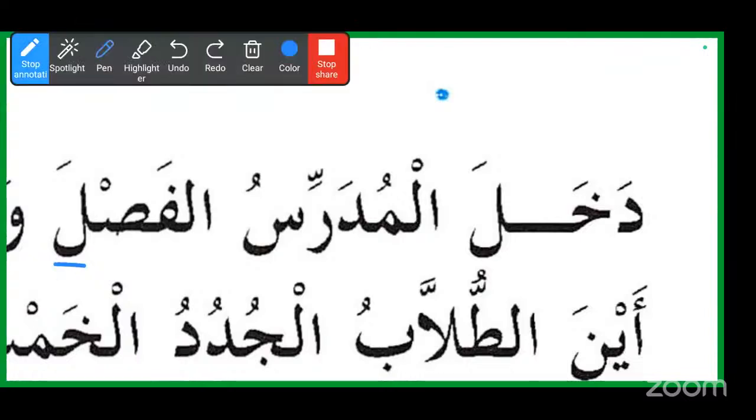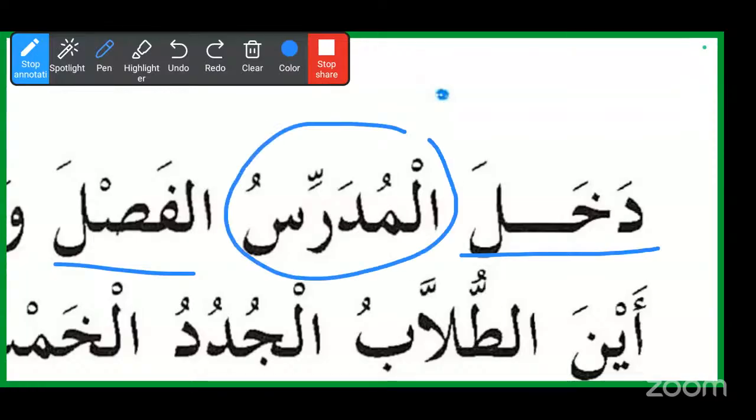دخل المدرس الفصل. The teacher entered the class. Entered the class. The class directly becomes the object of entry by the teacher.